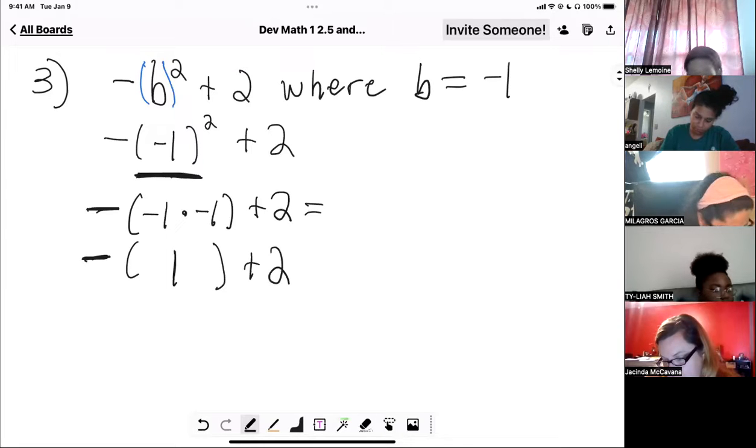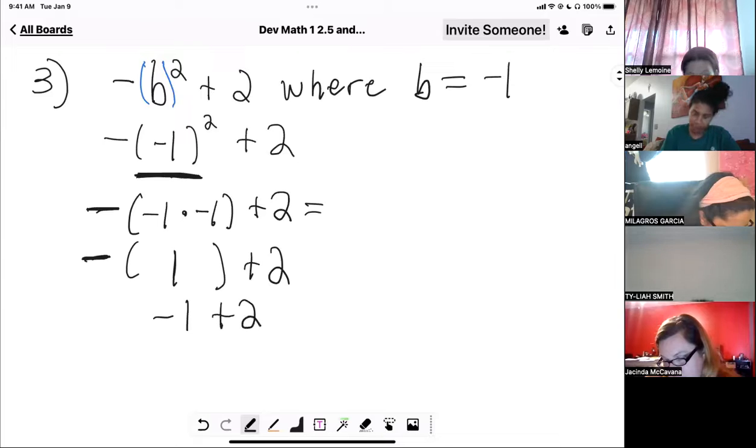Now, negative of a 1 is -1 plus 2, which is just 1. You see how that negative worked? And see how this negative hangs around to the very end, because you're only simplifying the square part.